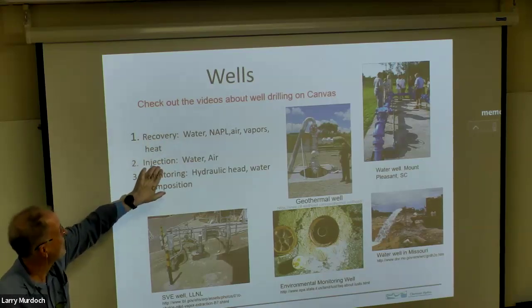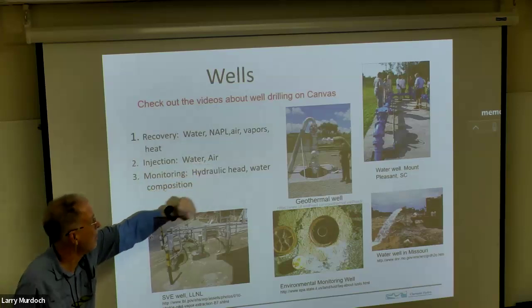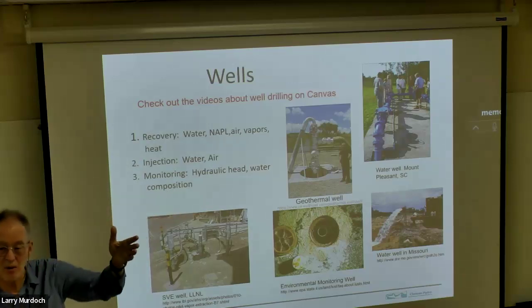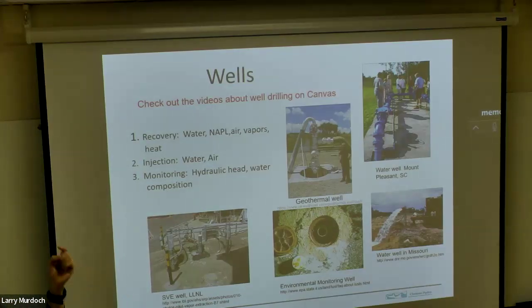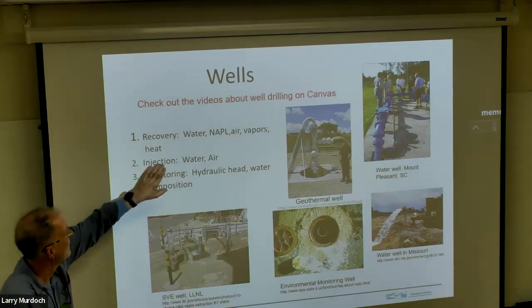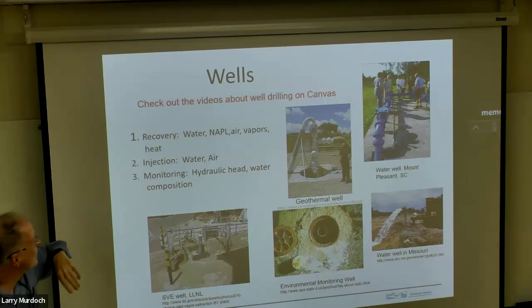We also want to put things in, so water and air are injected. I guess we also can inject heat. We have a project going on right now on campus where we're injecting some very high heat at very high temperatures. We're heating the ground up to about 200 degrees C. So using wells, that'll be a type of injection.